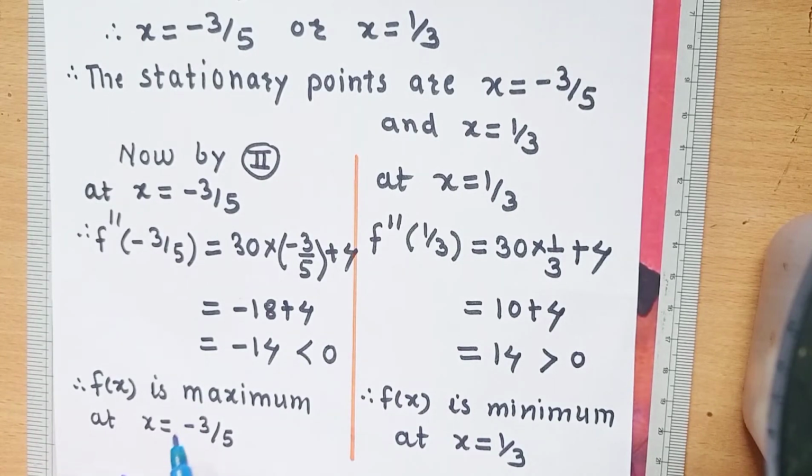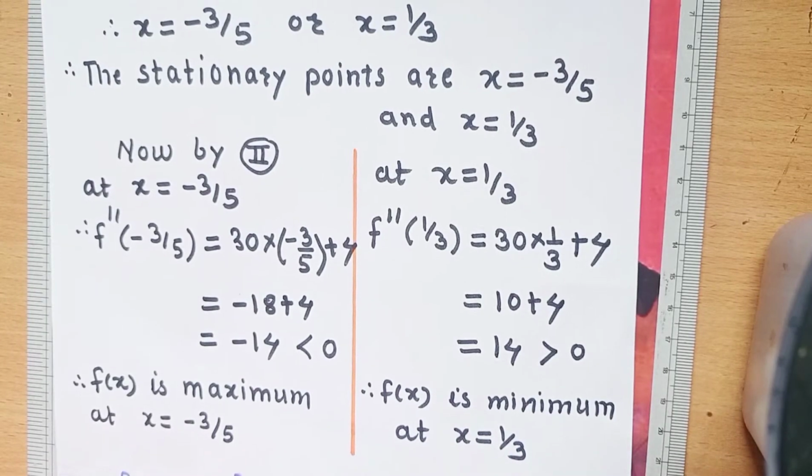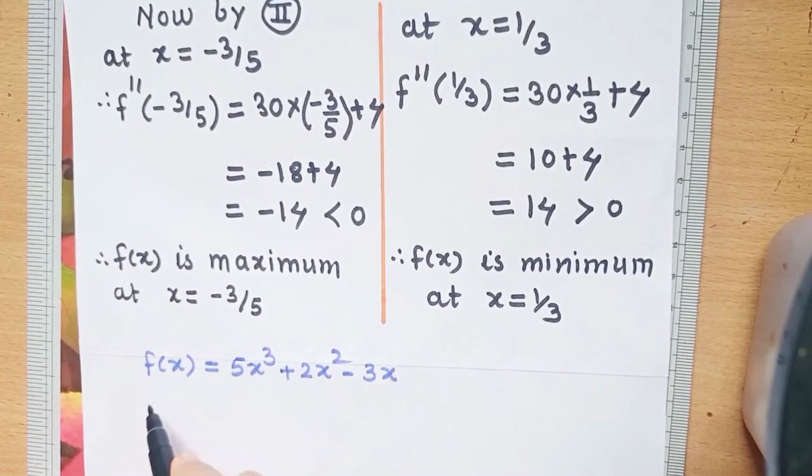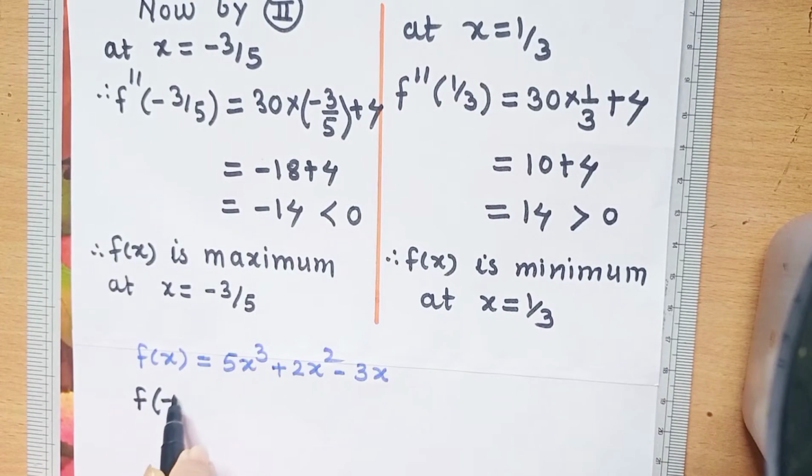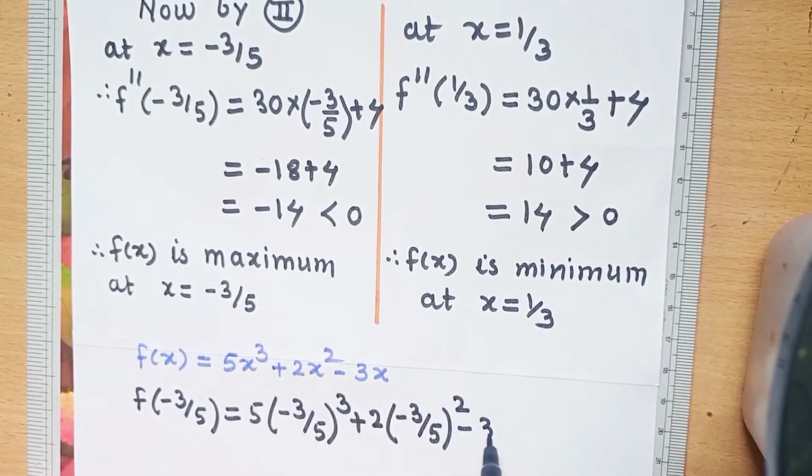Here we understand that for this value the function is maximum, and for this value of x the function is minimum. To find the actual value of the function, we will substitute this in our given function. So f of minus 3 upon 5 is equal to f of minus 3 upon 5 substituted.